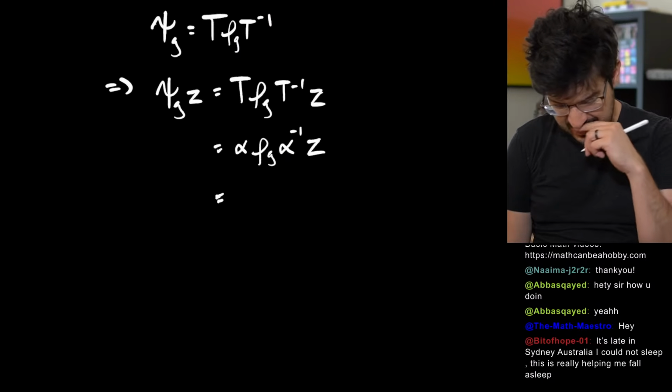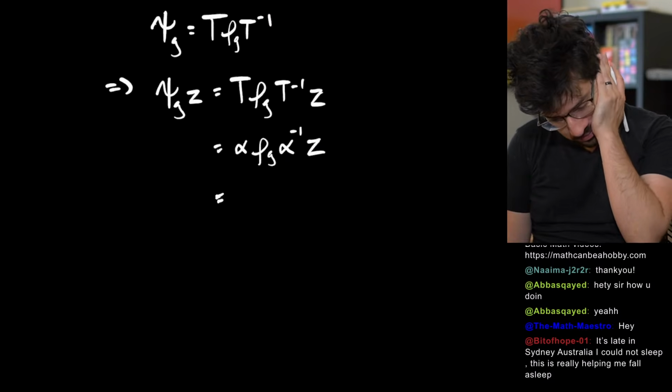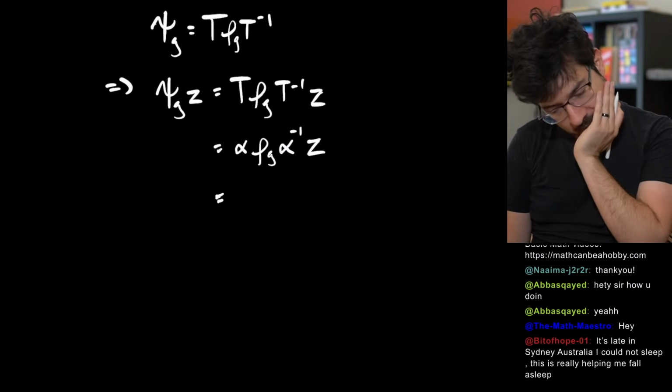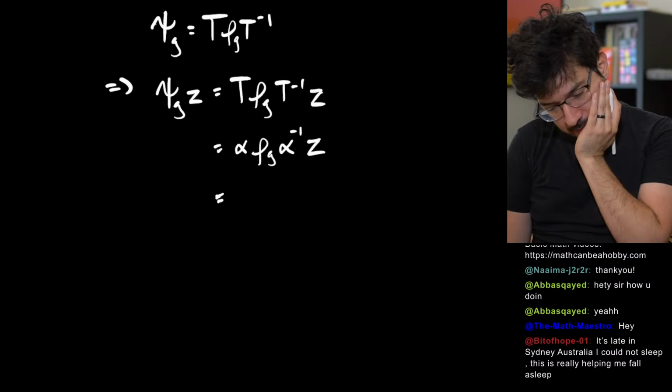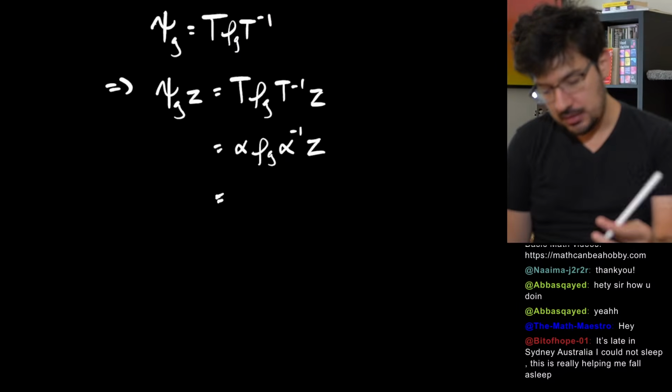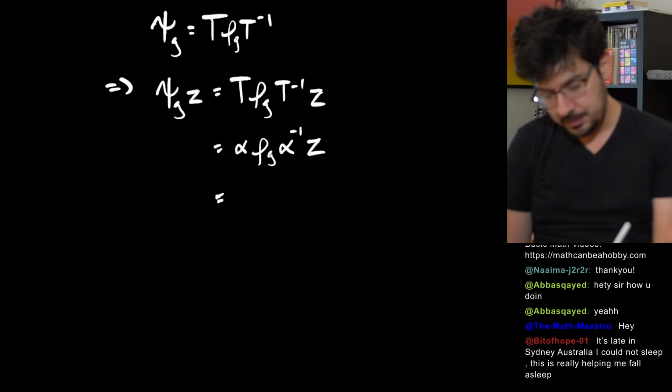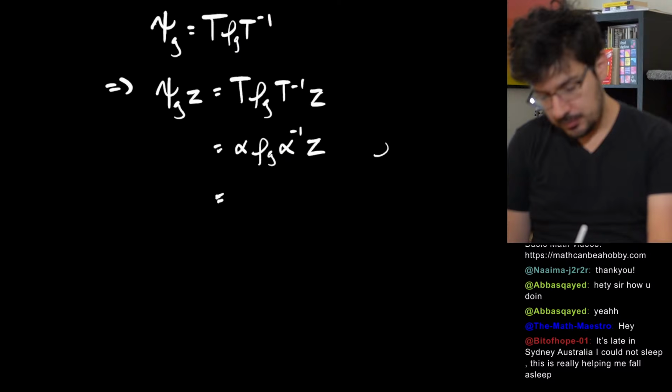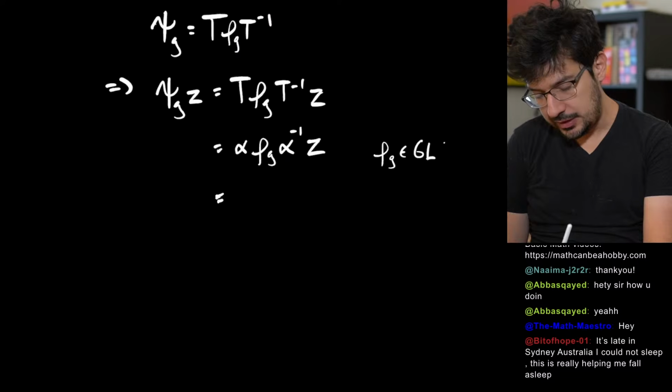Or at least it is... Wait. Phi is a linear transformation of complex numbers.